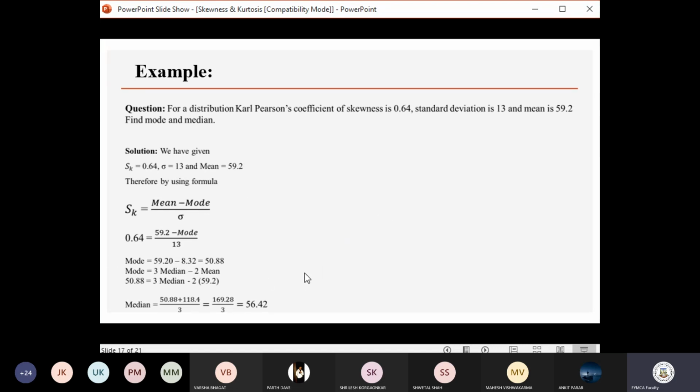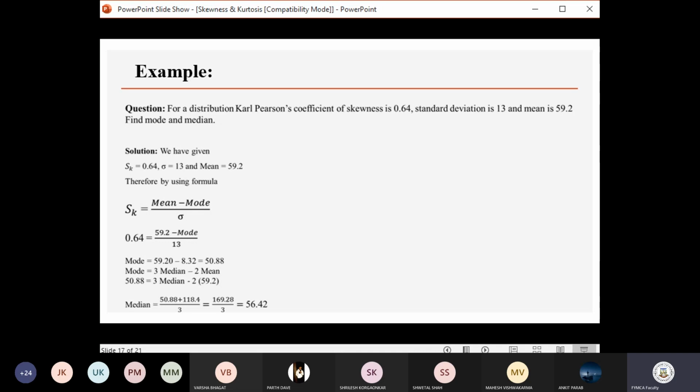Some questions are given. We have already seen some questions based on the Karl-Pearson coefficient. If you want to have a look at this particular question, you can take a screenshot of this question and solve it also.